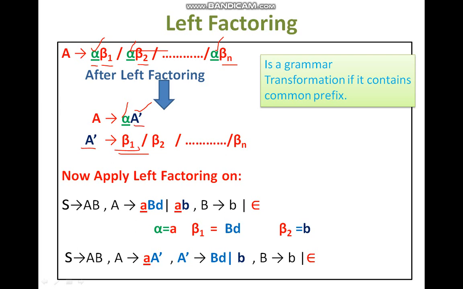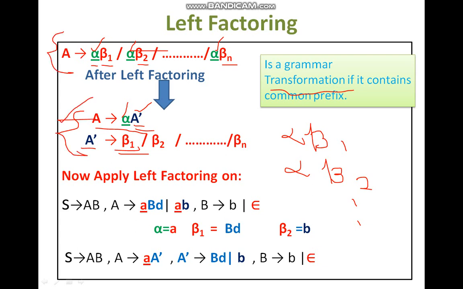If I put beta 2 in place of A dash, I get alpha beta 2, and so on. You need to keep in mind that while performing the transformation, the semantics or meaning of the grammar shouldn't change. So this is the left factored grammar, and this is not left factored grammar.